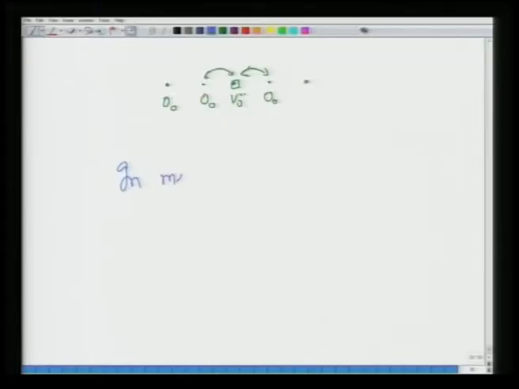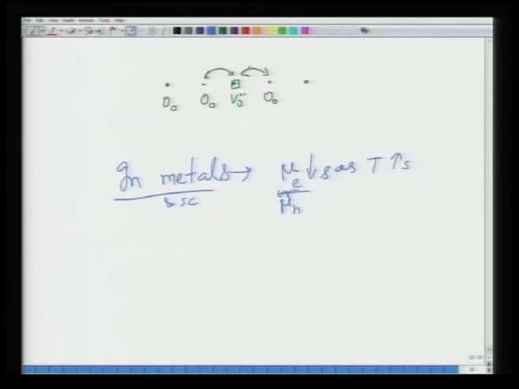So, basically to summarize this part, in metals and semiconductors, mu decreases as temperature increases. So, this is mu electronic or mu hole. Okay.